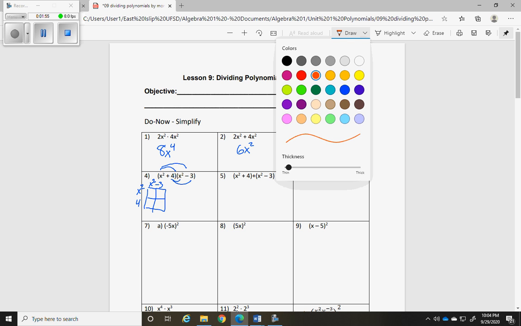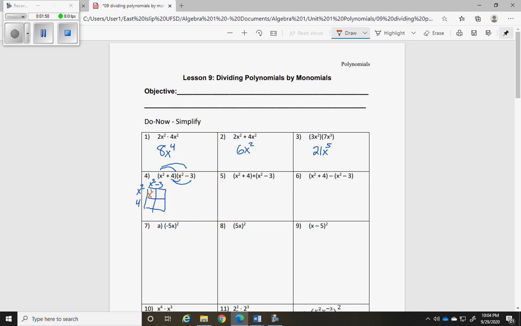So we get x to the 4th, negative 3x squared, 4x squared, and a negative 12. So x to the 4th minus 3x squared plus 4x squared minus 12 combines to be x to the 4th plus 1x squared minus 12.